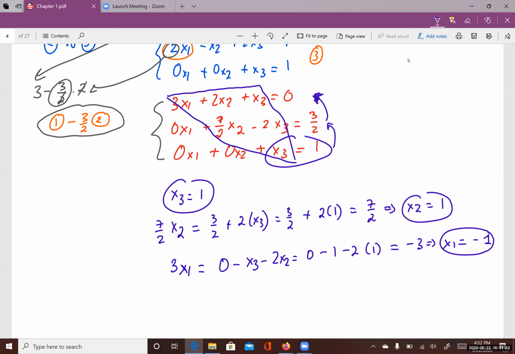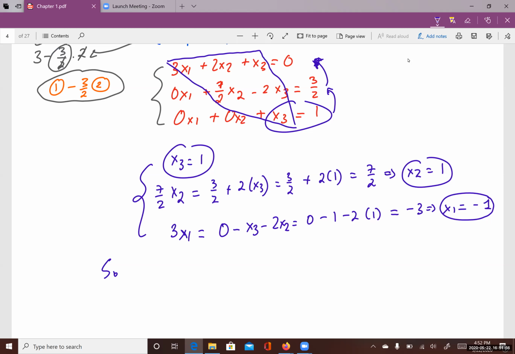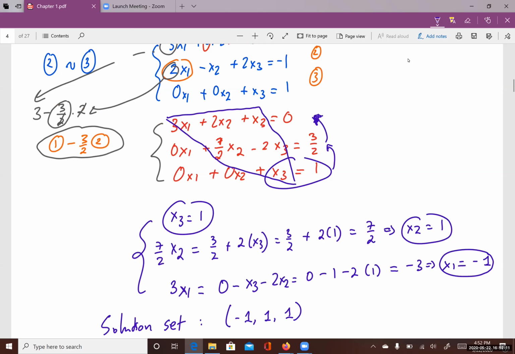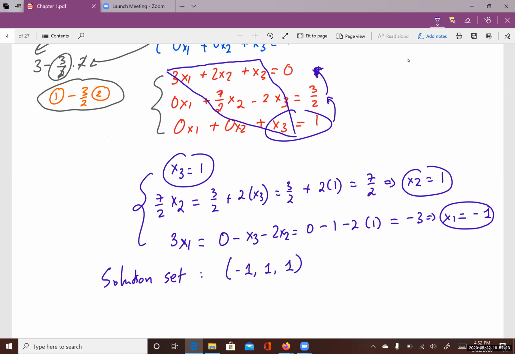All right, so combine all this together, you will have the solution set for the system, which is x1 is -1, x2 is 1, and x3 is 1.